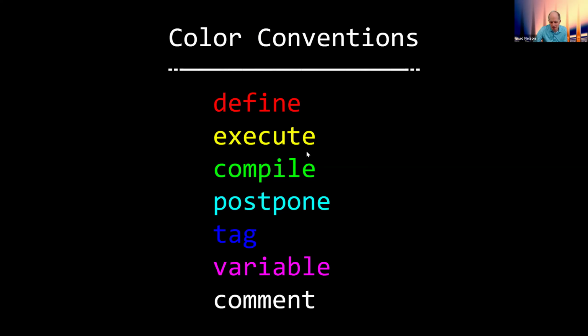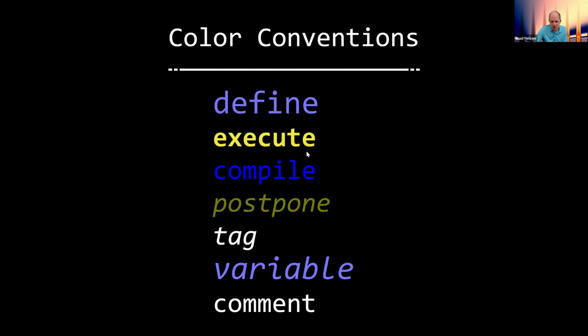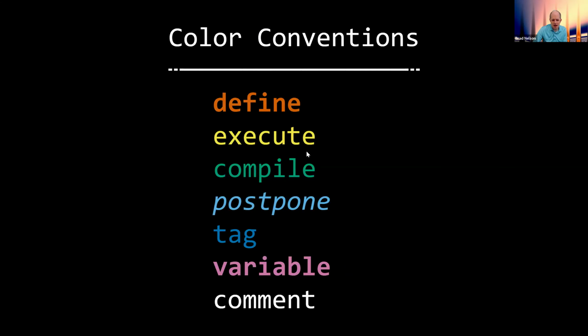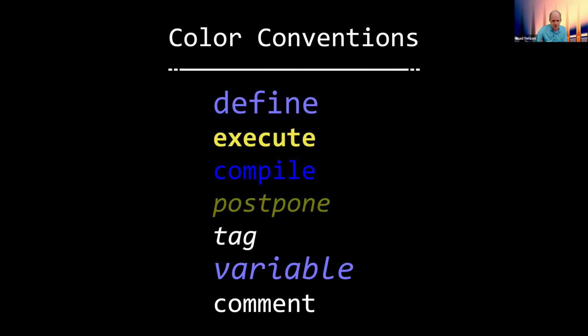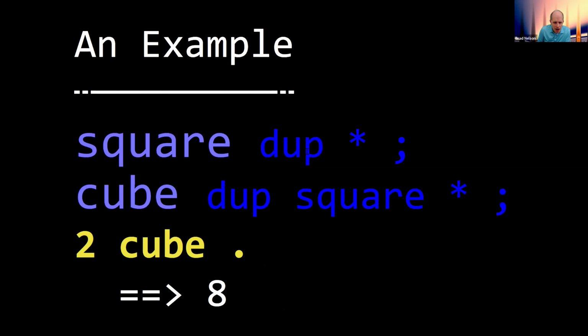In any event, ColorForth, as folks know, uses color to distinguish certain operations like defining a word. So here we're defining square, and then we just provide its definition with compiling each word at a time. And then we can execute that word using yet another color type.